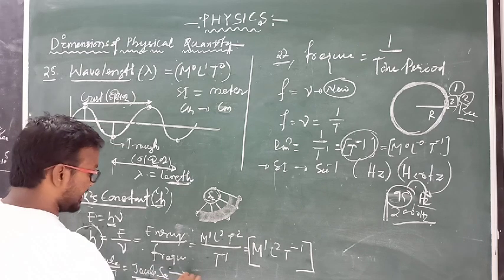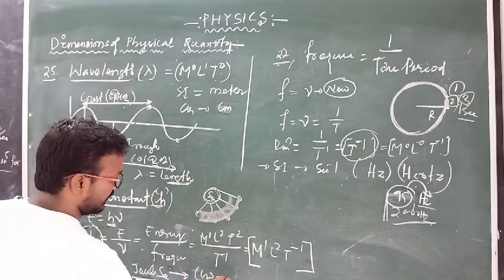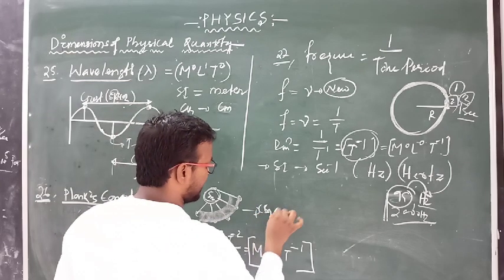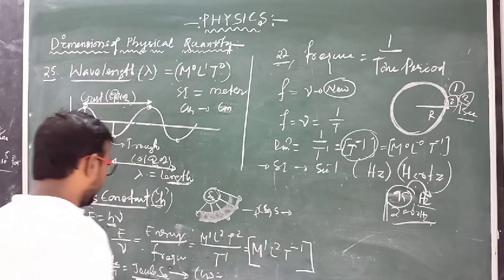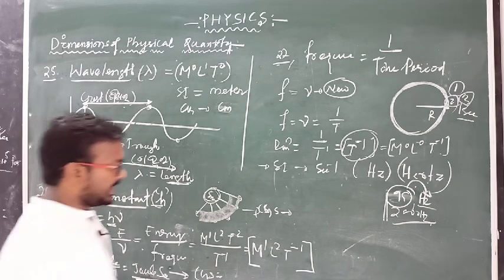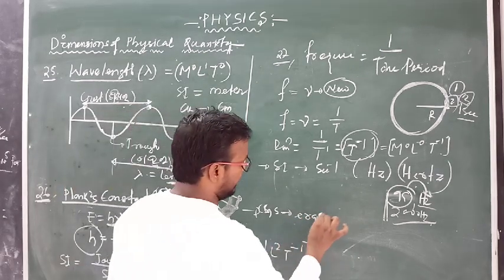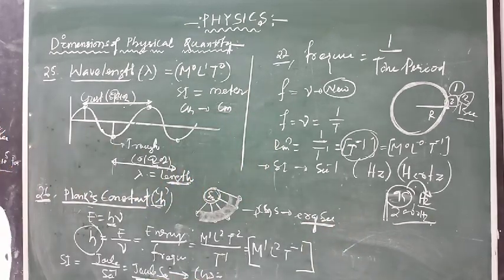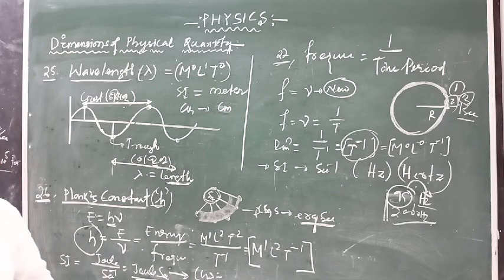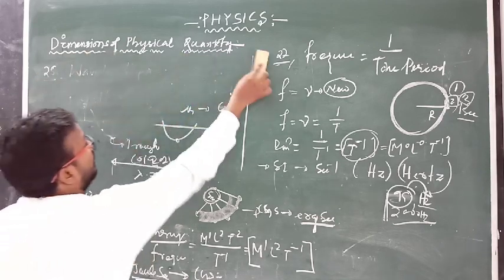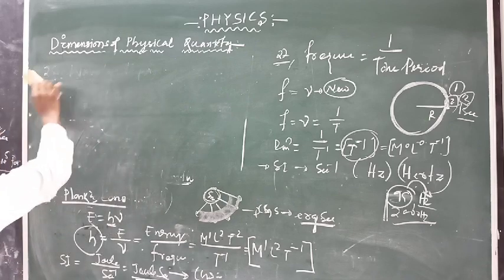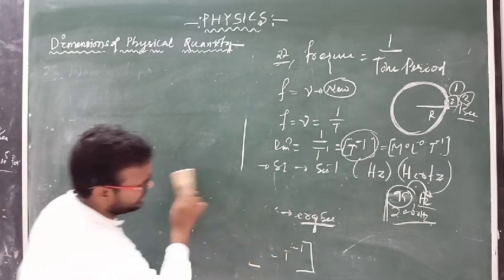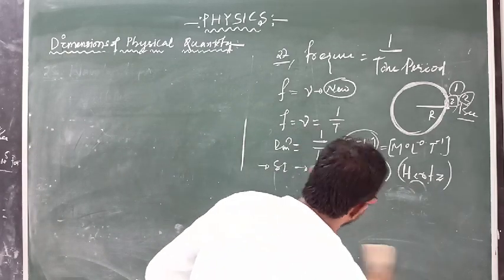The CGS unit of the Planck constant is erg second, also the CGS unit. Next we will start another derived physical quantity, known as the gas constant.